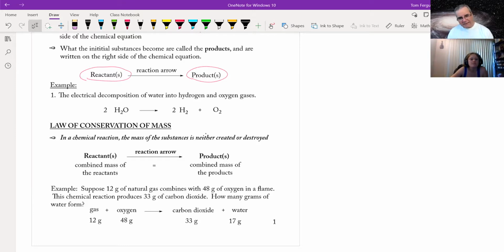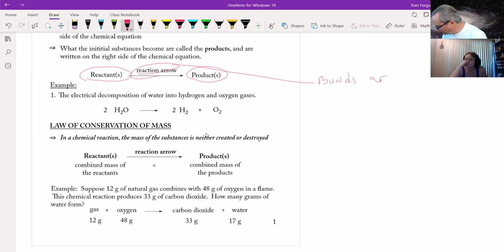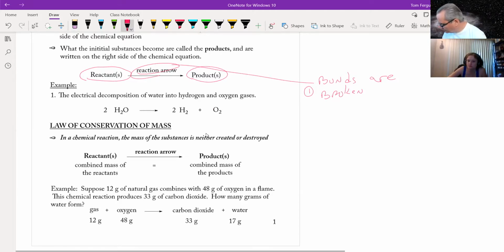Okay, if a reaction takes place, chemical bonds are broken. This is chemical bonds now.